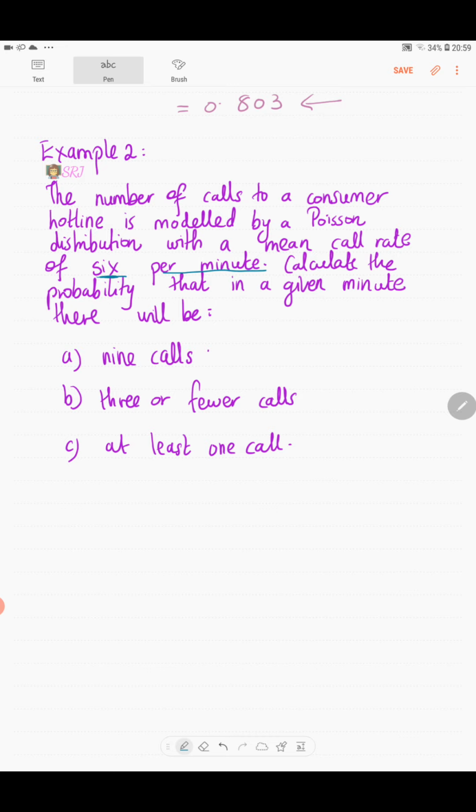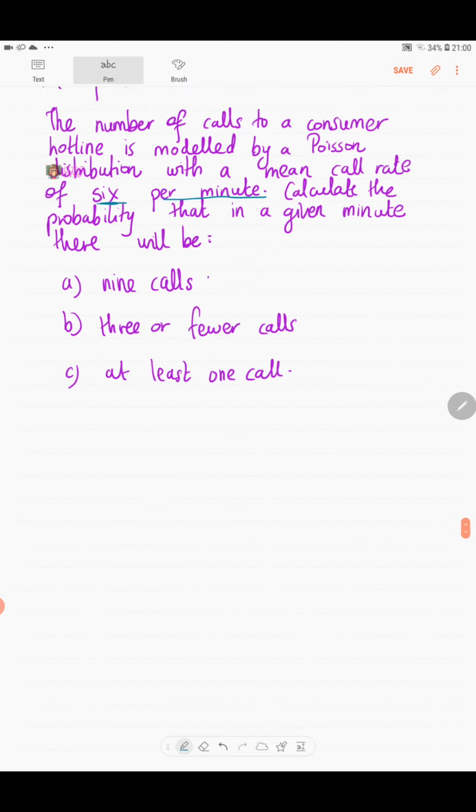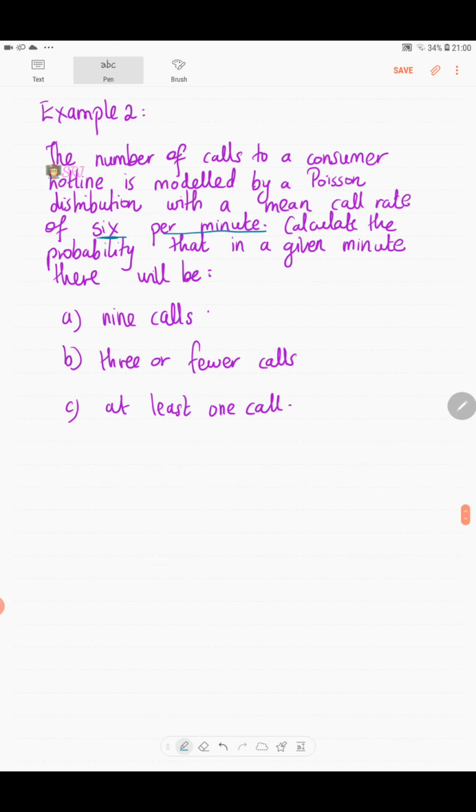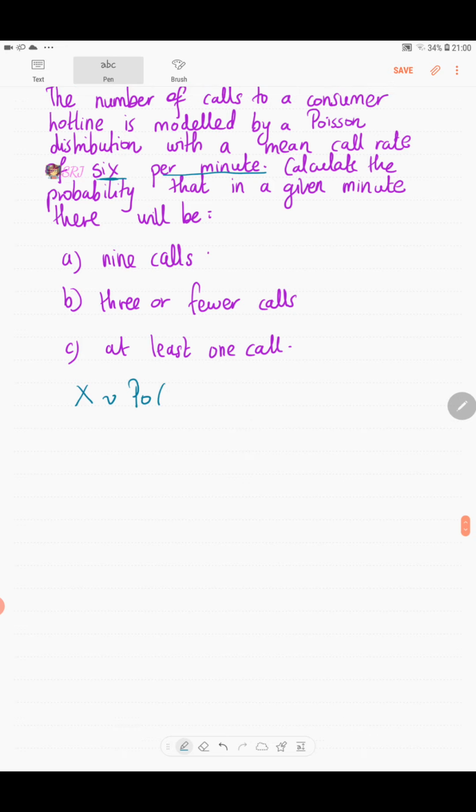So per minute, the mean call rate is 6. This is the value of lambda, the mean value per minute. So we have to state the random variable we are working with. So here we say X follows a Poisson distribution with parameter 6.